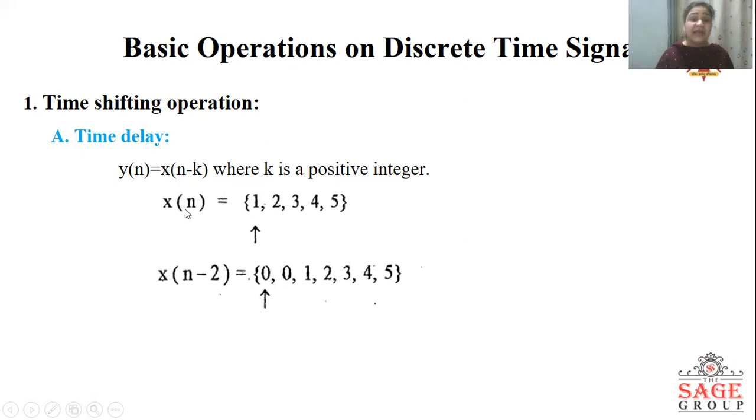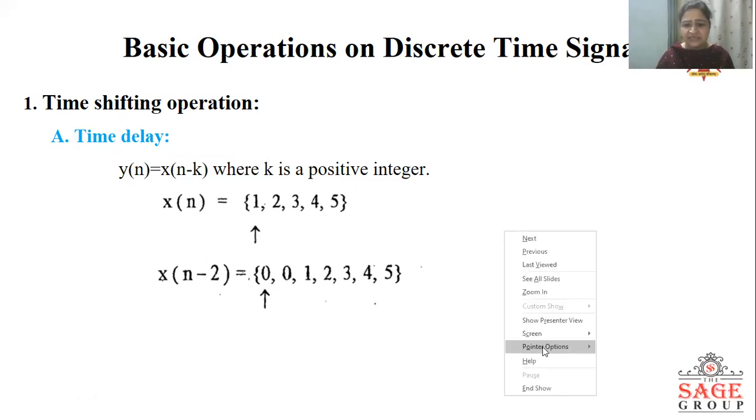Now we will explain it with the help of an example. Suppose I have x of n equal to 1, 2, 3, 4, 5. It is represented by this sequence. Now this arrow is representing sample 1. Arrow means we are considering n equal to 0.